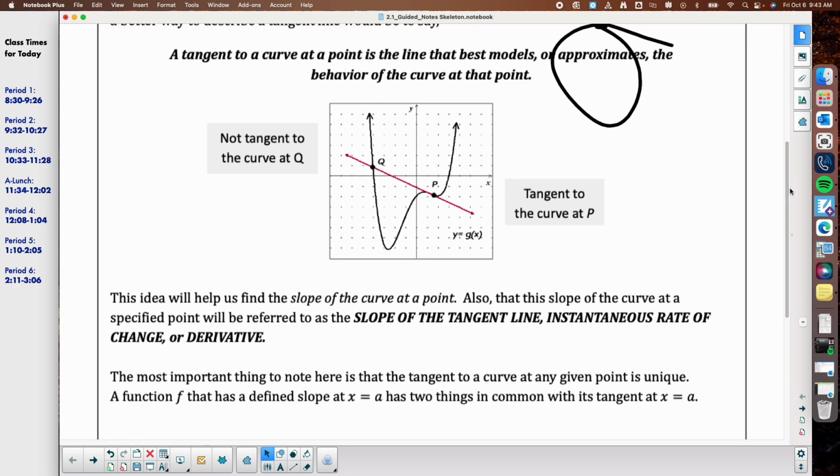Oh, look at that. I could have just scrolled down and shown you what a tangent line looks like in your packet. That red line is a tangent line. And it is the tangent line right there only. You'll see that that red line also goes through the graph over at Q. That's nothing.